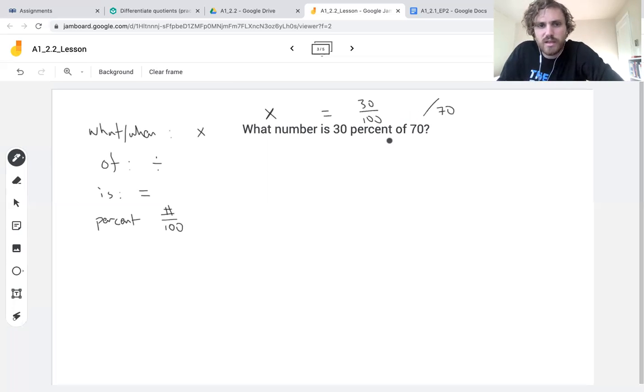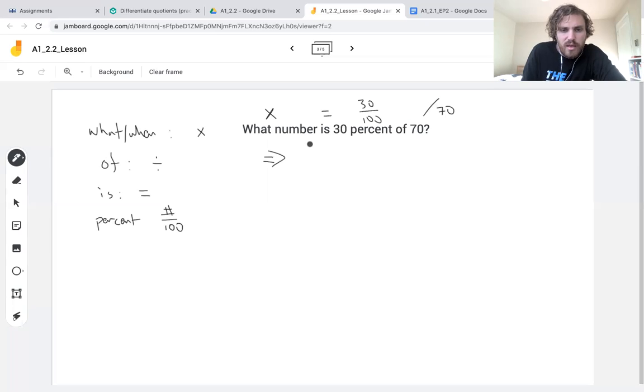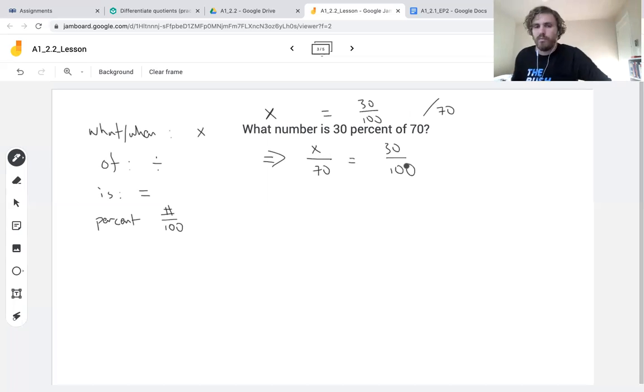Now, the confusing thing is that it doesn't go exactly in this order. What number is 30% of 70? The number is the thing that's getting divided by 70. So if I were to rewrite this as a mathematical equation, it would be x over 70 equals 30 over 100. And now I've got a proportion.